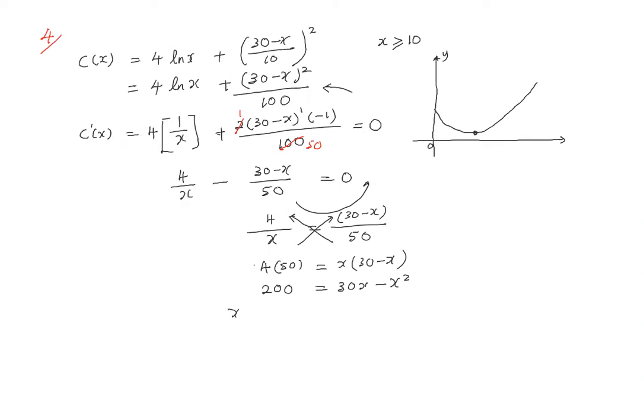So X squared minus 30X plus 200 equal to 0. So now you use your graphic calculator, scientific calculator, and get the value of X.